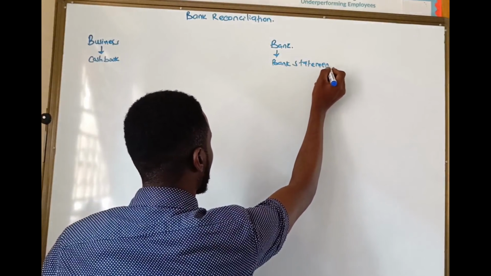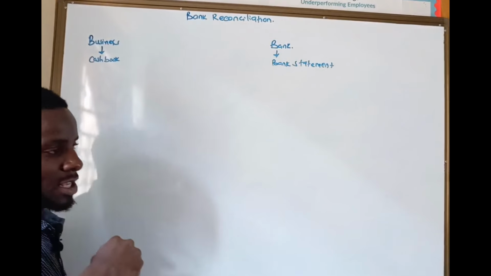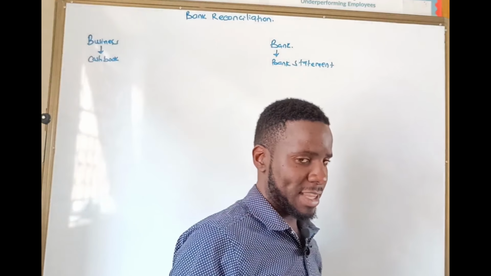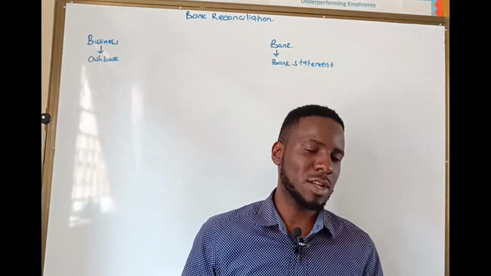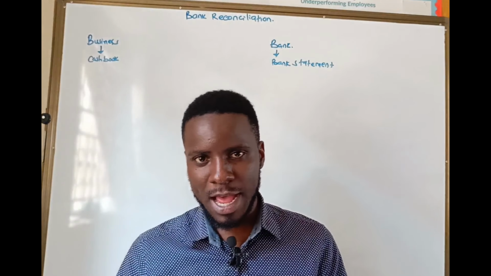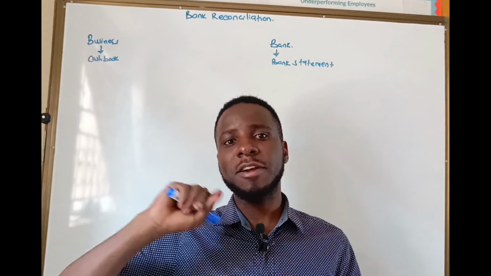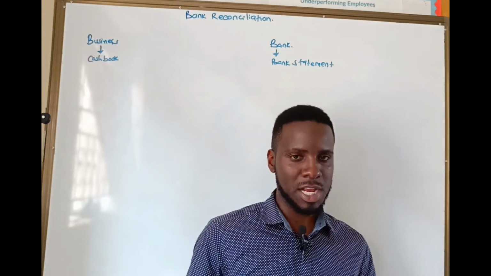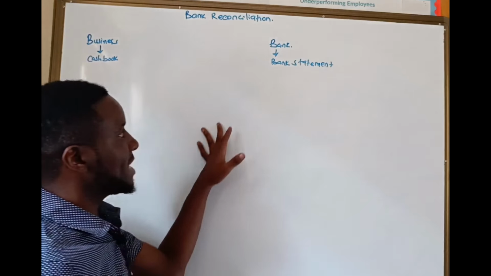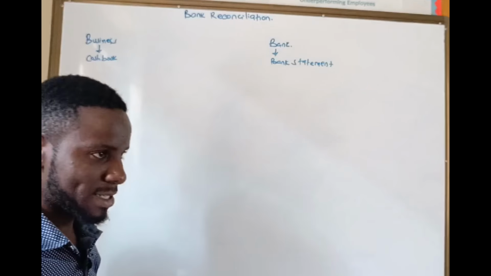So at the end of the day, when all the debits in the cash book were actually credited in the bank, and all the credits in the bank were debited in the cash book, it means at the end of the day, these two balances should balance.